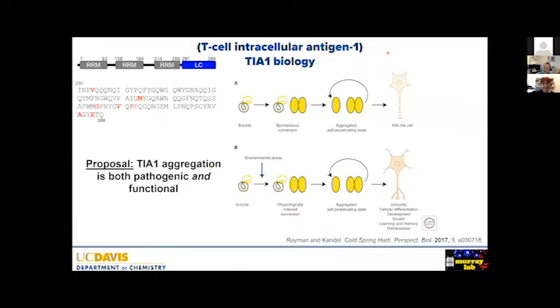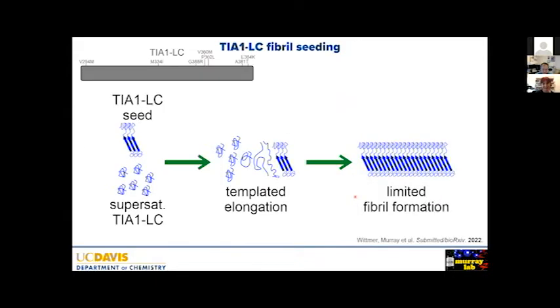So up here at the top is a diagram of the process I've basically just described to you, which is that you can get the formation of pathological aggregates, kills the cell, results in disease, but you could have limited fibril formation induced by environmental stress, perhaps by a seed structure that might exist endogenously in the cell, and then somehow that would be protective or could turn on or off different cellular pathways.